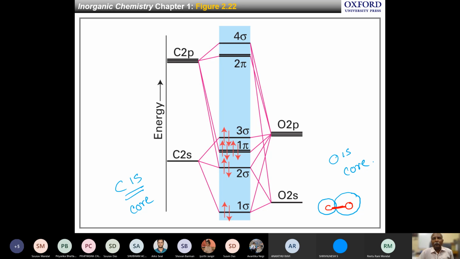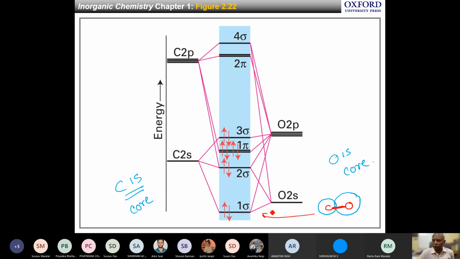I've drawn the bond only to indicate the axis. So you have the 2s of oxygen and the 2s of carbon mixing together to form a nice bonding molecular orbital.